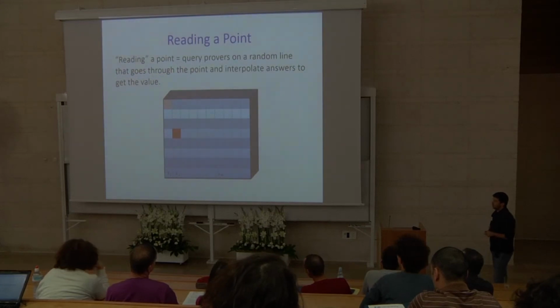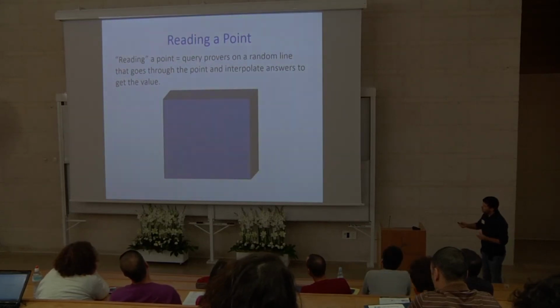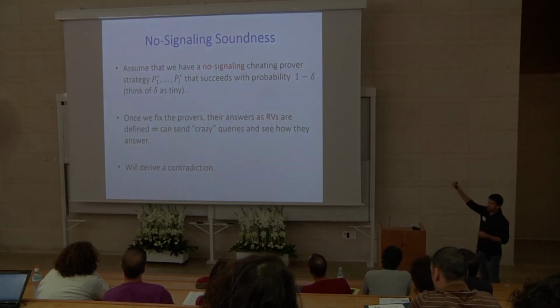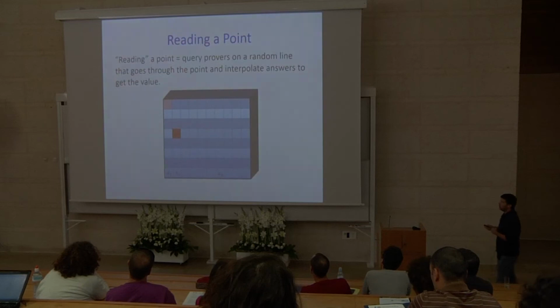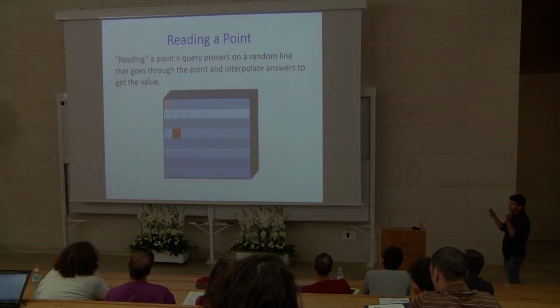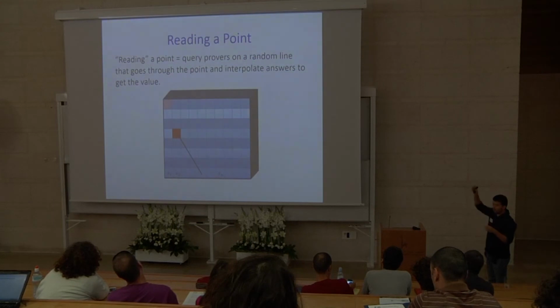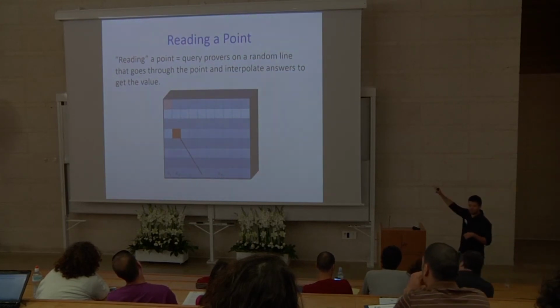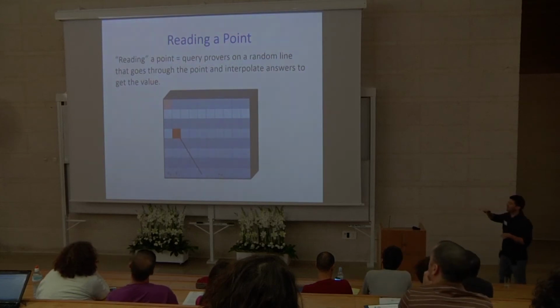Okay, so just going back. We assume that we have this cheating strategy and we want to derive a contradiction. And I want to introduce this notion of reading a point in the PCP. You can think of it abstractly, but I want to make it a little bit more concrete. Reading a point in the PCP means taking a random line that goes through this point. The line is supposed to be three-dimensional, but it was hard for me to draw.